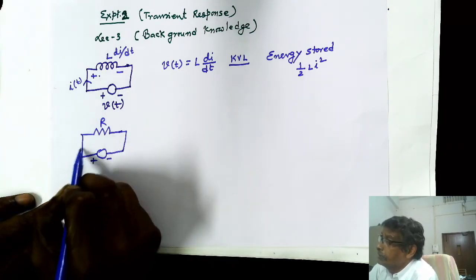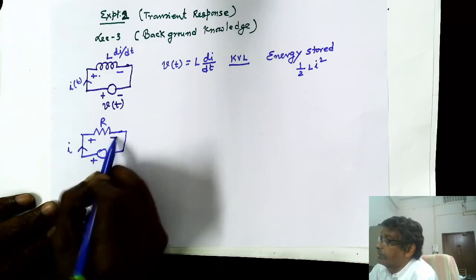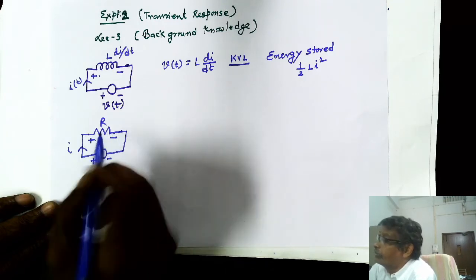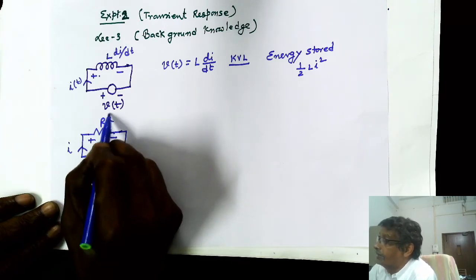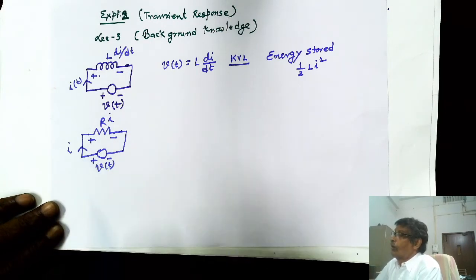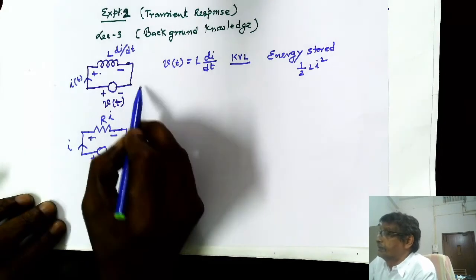And in case of a resistive circuit, we have seen this is the voltage across the resistance, that is potential of this point with respect to this has to be R into i, and this is the supplied voltage. Okay, now I will be telling you the most interesting part of the inductor.